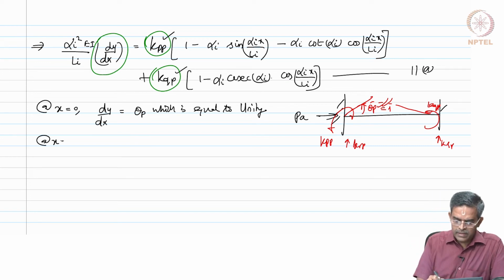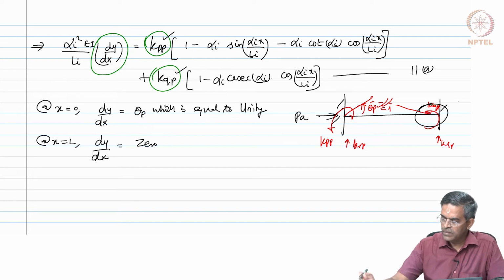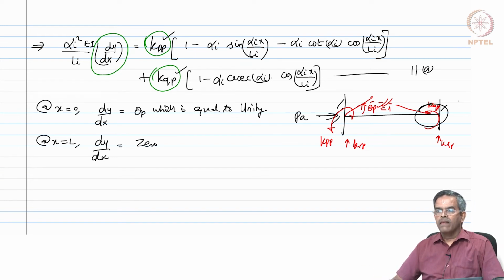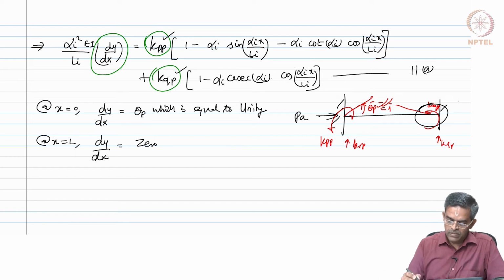Whereas, at x is equal to L, the slope is 0, see here. So, let us substitute this condition and see what happens.